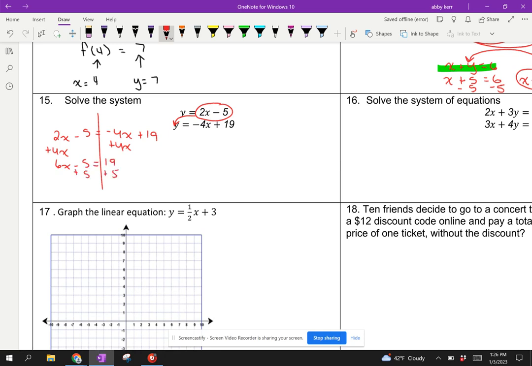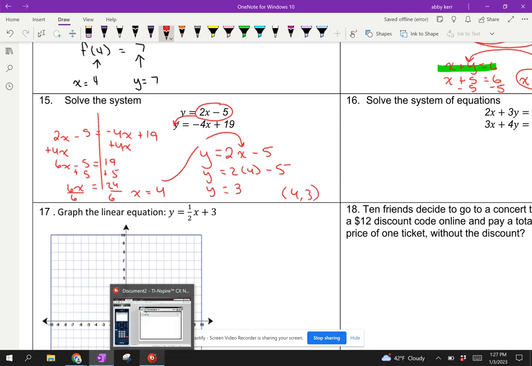And now it's a 2-step. Now you get to substitute x into whatever variable or whatever equation you would like. Since I've used the first one and it's already circled, I'll just use that. So then 2 times 4 is 8, take away 5 is 3. So my ordered pair is 4 comma 3.